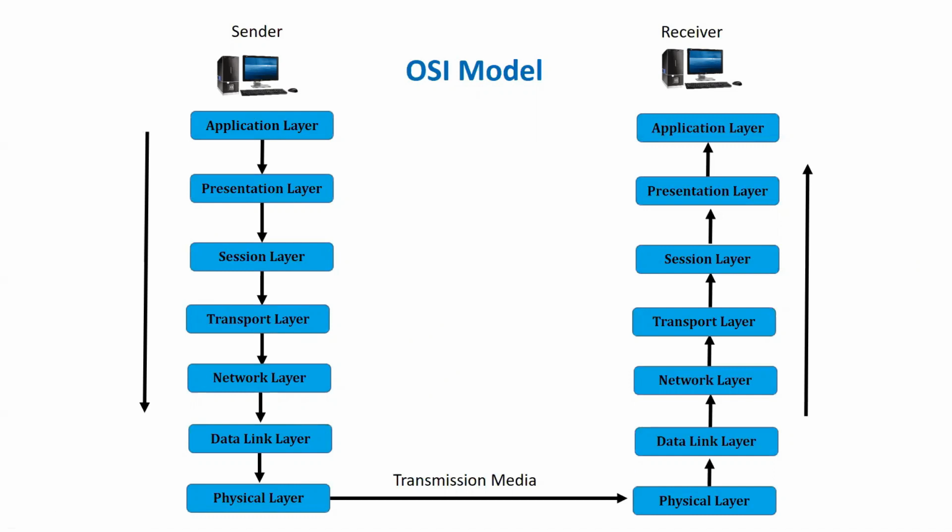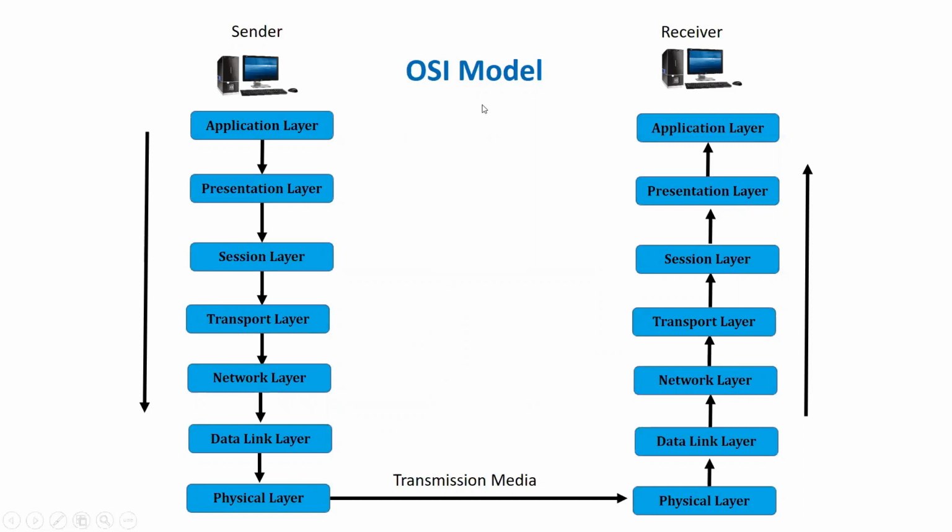It starts forming the information from the physical layer, then processes the information, then transfers to the data link layer and the network layer and so on. The receiver uses the process called decapsulation.